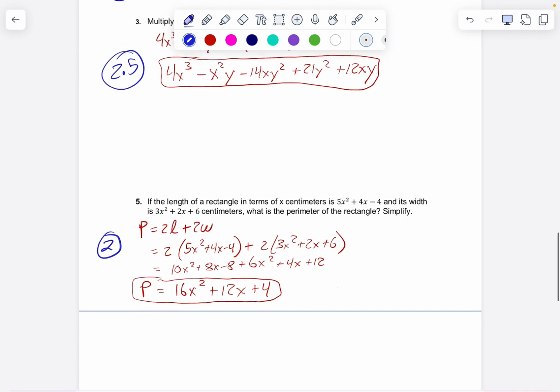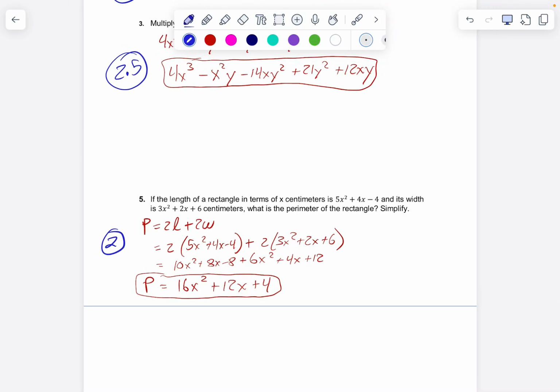2 points on this one. We need an expression for the perimeter and some work, and then a point for their answer. Okay? So 1 point, for a total of 2. If they do a picture, it's fine, but this still needs to be there.